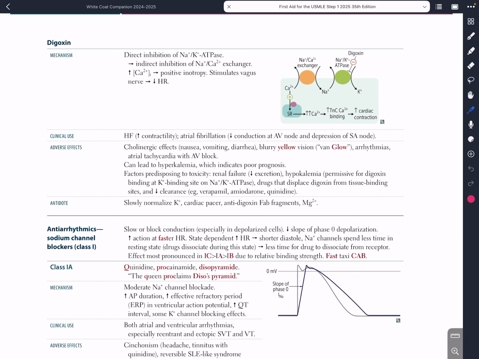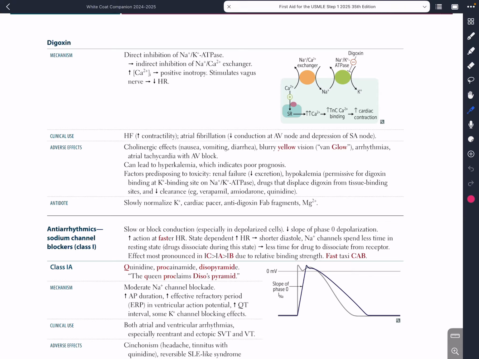The digoxin mechanism of action is very high yield for Step 1, 2, 3.